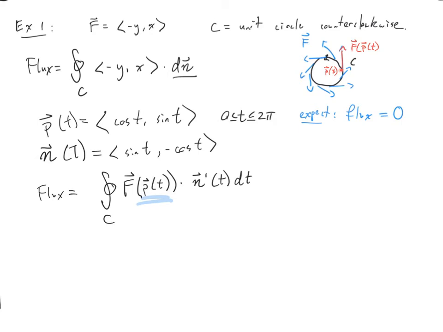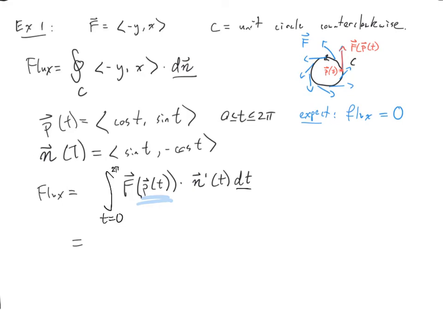Not F of n of t, which is just some other random point. So with that, let's point this out. And just to be really careful, once I've passed to t dt coordinates, this should be t from 0 to 2 pi.